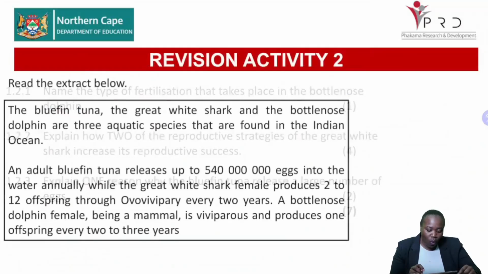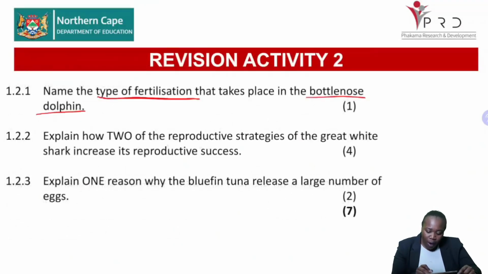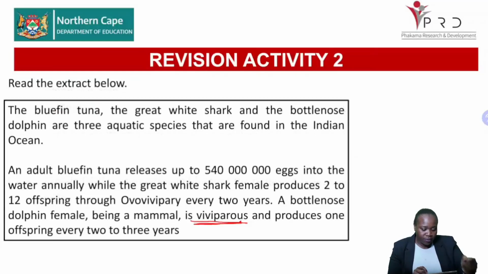Now let's go back again and see what the great white shark is. Right. Now it says here, the bluefin tuna, the great white shark, and the bottlenose are 3 aquatic species, right? And then it says an adult bluefin tuna releases 540 million eggs.